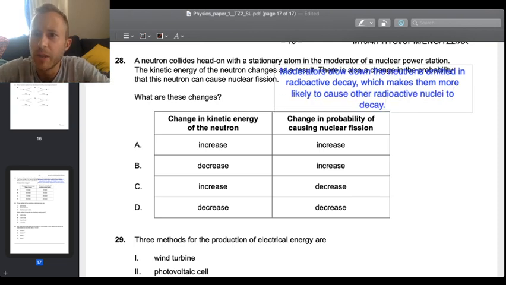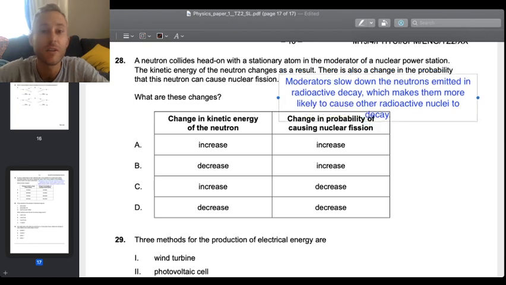All right, so basically the neutrons, we slow them down because once we slow them down, they're more likely to bump into other stuff. Okay, so the kinetic energy of the neutron is going to decrease as a result of the moderator, but the probability of causing a fission is going to increase. So the answer would be B.